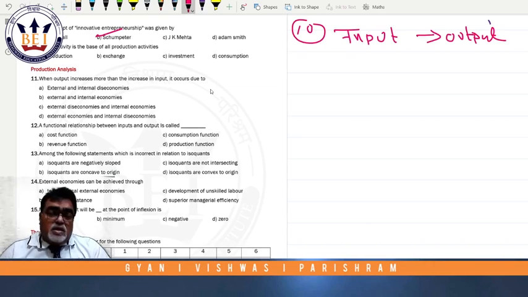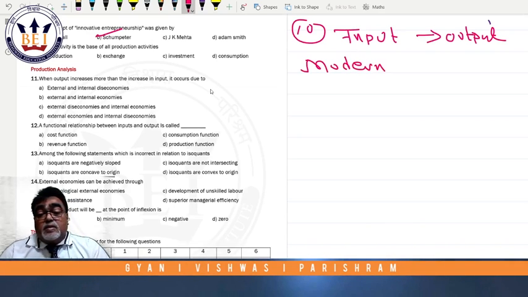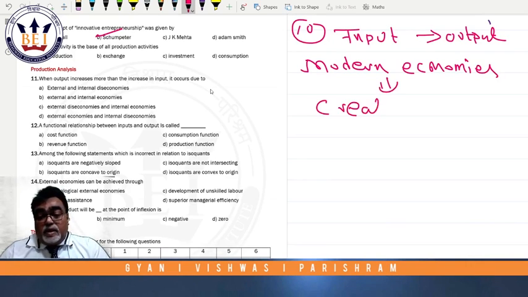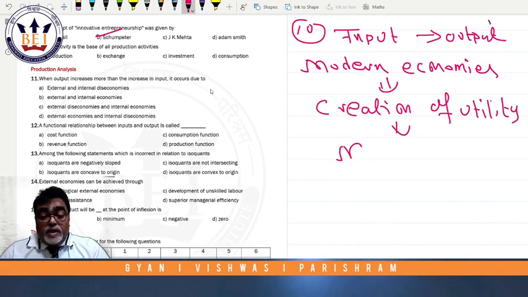That was the initial concept. But modern economics says only input to output does not make any sense. Obviously, it should be creation of utility. Creation of utility, and it should be with a monetary base.